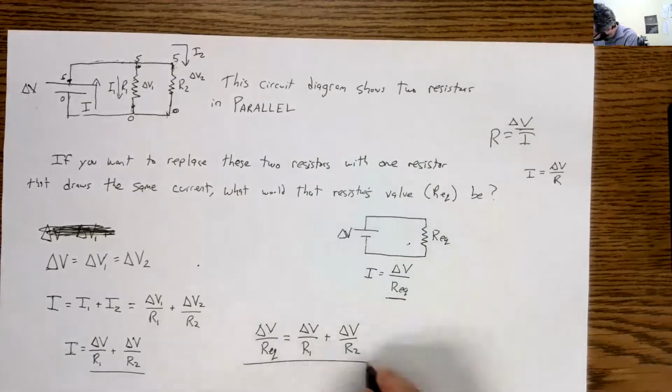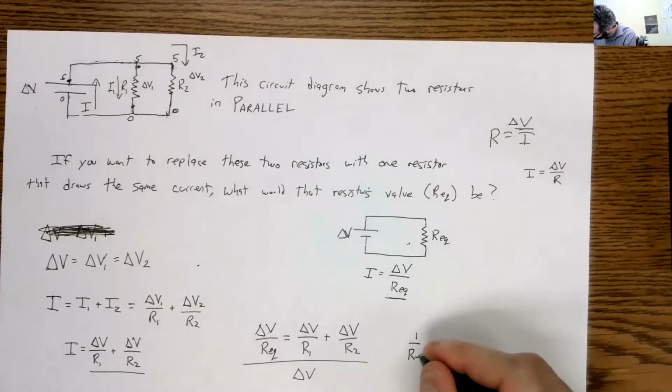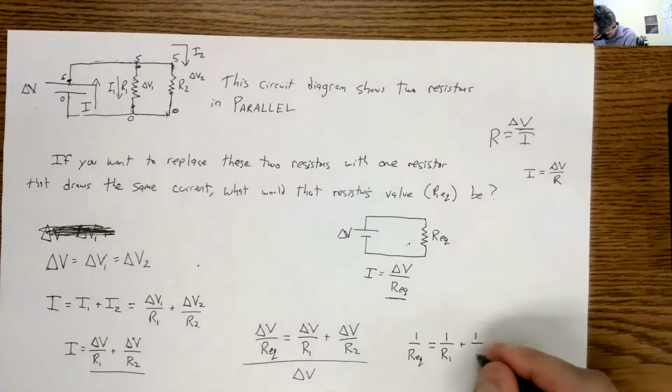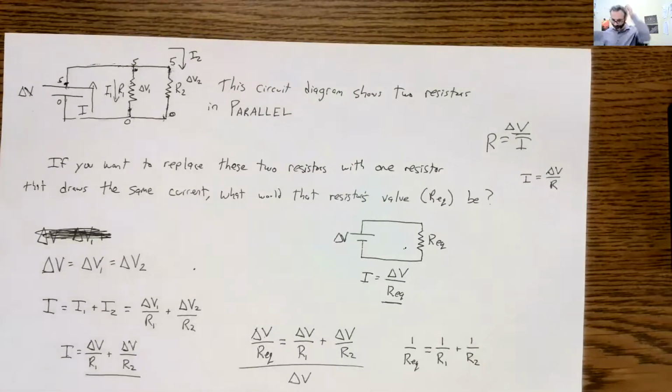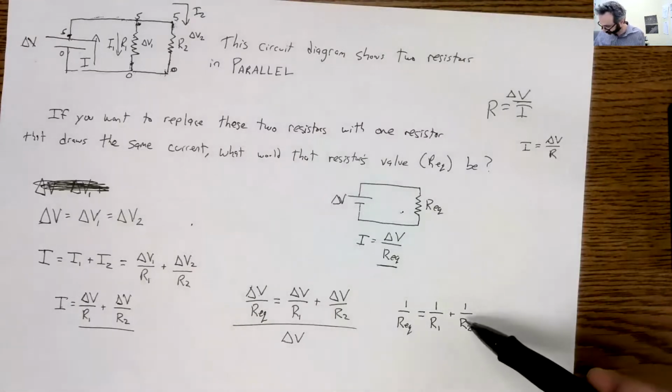So if I take this whole equation and divide it by delta V, I just get 1 over equivalent resistance equals 1 over R1 plus 1 over R2. And that's the rule for resistors in parallel.